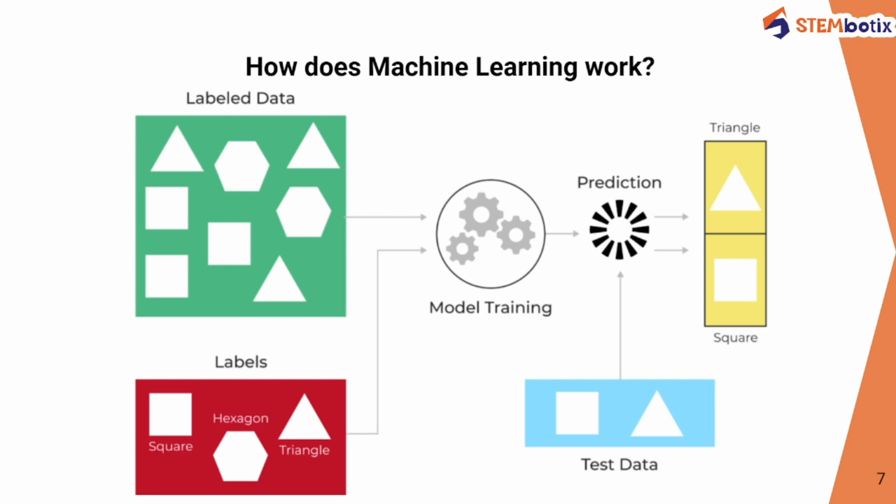After that is the data processing part: clean and prepare the data, ensuring it's in a format suitable for the chosen machine learning algorithm. This may involve tasks like normalization, handling missing values, or converting text into a numerical format.